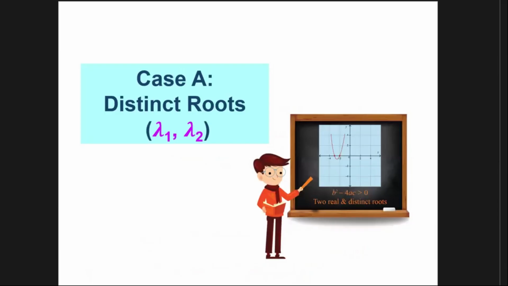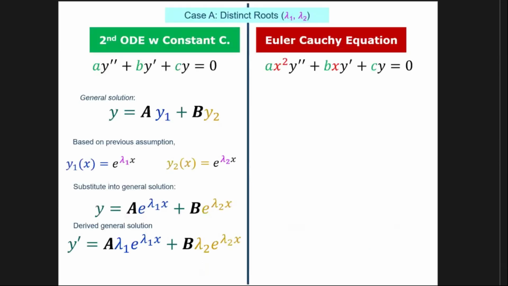So for the first case, distinct roots. The general solution is y equals a y1 plus b y2. Based on the previous assumption of y, y1 is exponent lambda 1 x, and y2 is exponent lambda 2 x.